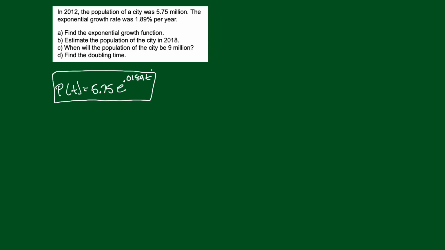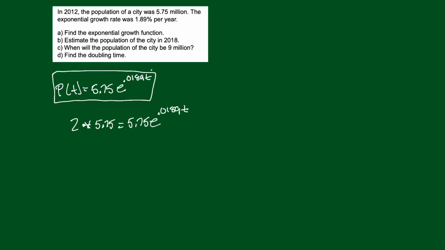So we want 2 times 5.75 to be equal to 5.75 e to the 0.0189 t. Here's the current population. We want to find t, so when this population is doubled. It'll be doubled, just multiply it by 2.